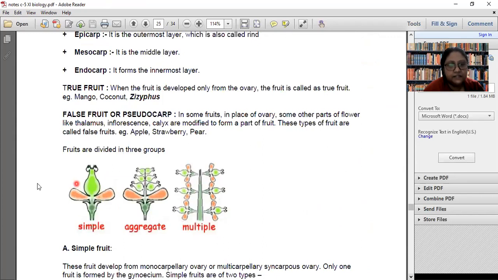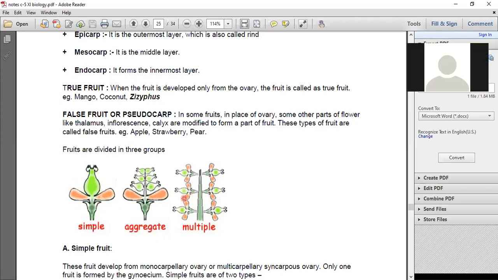Here in this image, the difference between simple, aggregate and multiple is very clearly visible. You understood what type of inflorescence will give you what type of fruit? Class, I guess my screen is visible. Yes, ma'am.